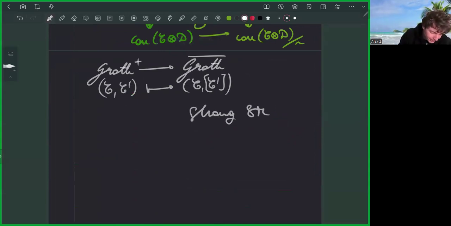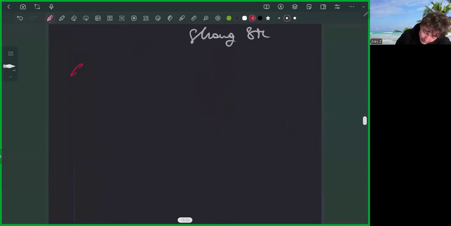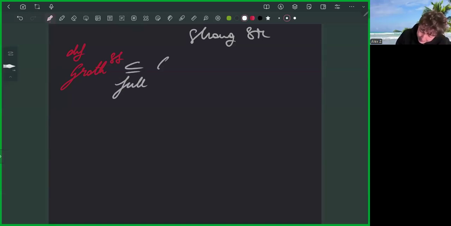Okay. So having all this, we can now finally go towards this Groth ST comp. So we now do the first step. So this will be a definition. We do Groth ST, and we define this thing to be the full subcategory on Groth things. So these are pairs, and then an equivalence class of a core.